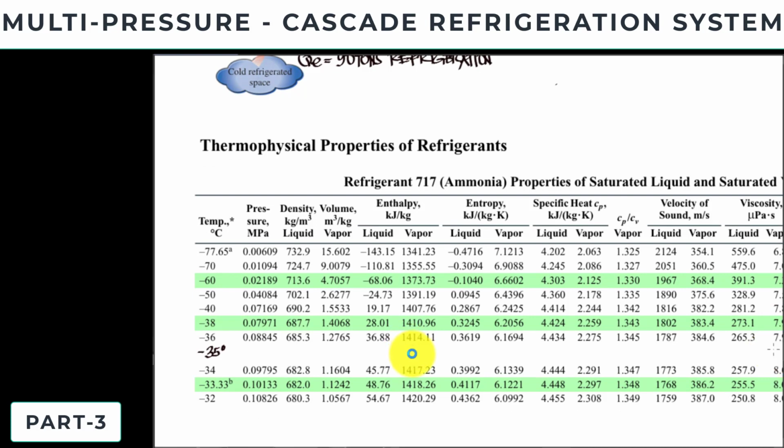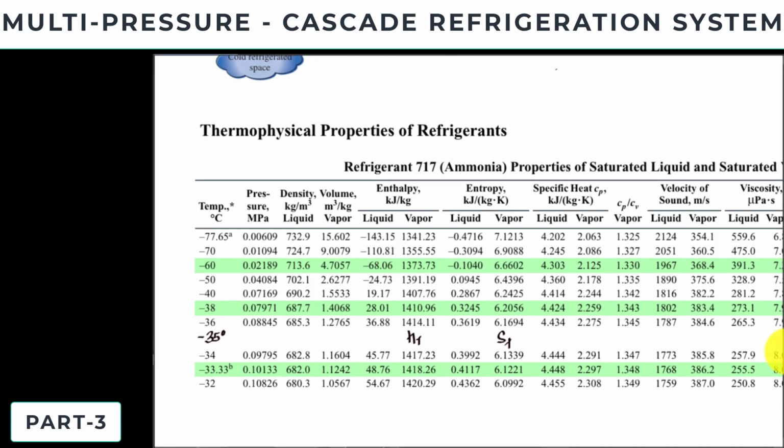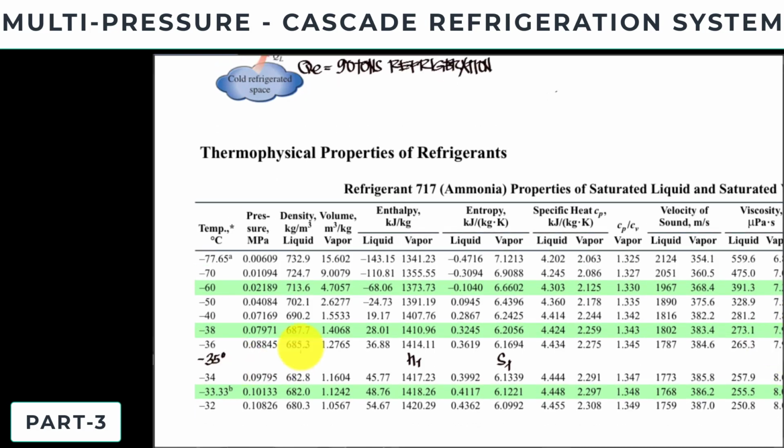So this is my enthalpy 1. And entropy will be in terms of vapor, so that will be my S1. Then here, if we interpolate, we also have the pressures.